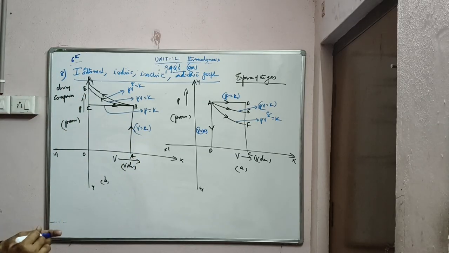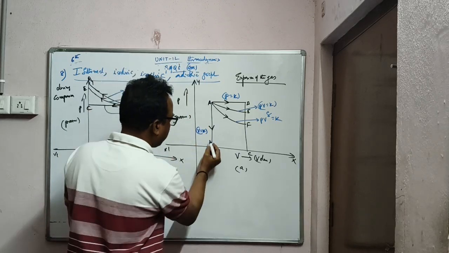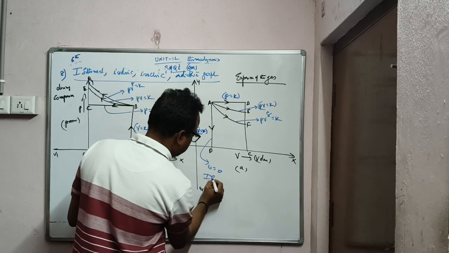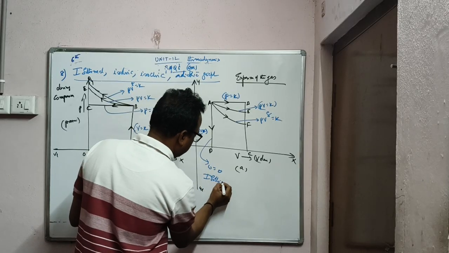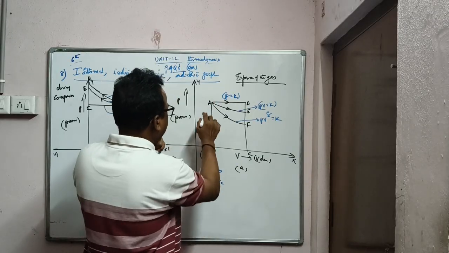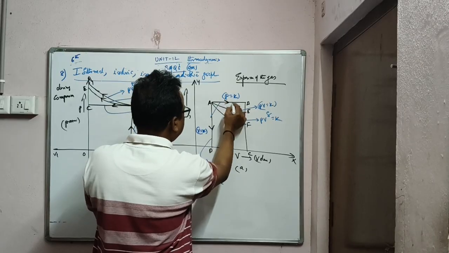See the graphs. During expansion, look what happens. Volume constant, isochoric, work done 0. Zero work. What is the work done? Area under the curve. So when it expands, you can see isobaric peaks with more area.